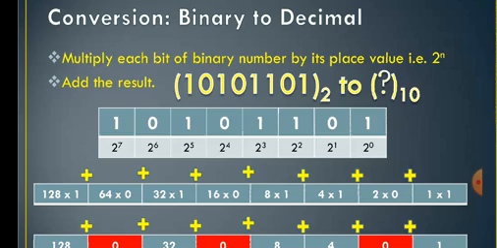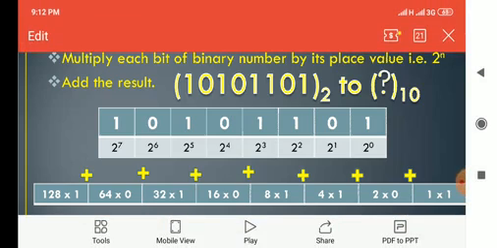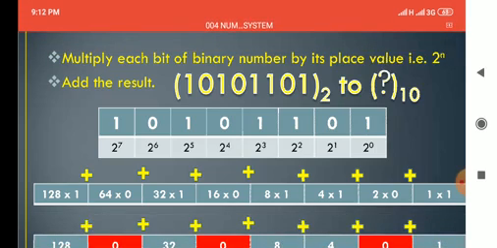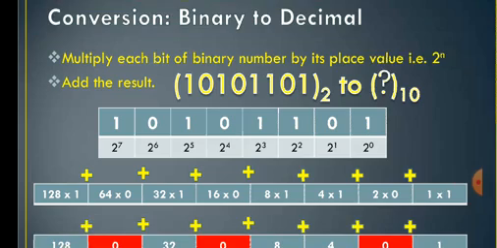Look at the given number. The given number is 10101101. That is a binary number. How to convert this binary number into decimal? Look at the least significant bit and most significant bit. As we have seen already, from the right side the digit present is called the least significant bit, and from the left side it is the most significant bit.